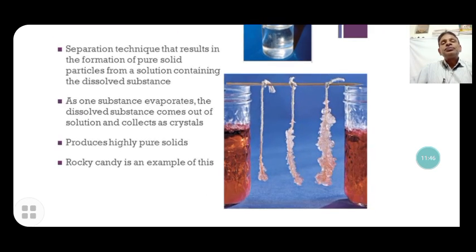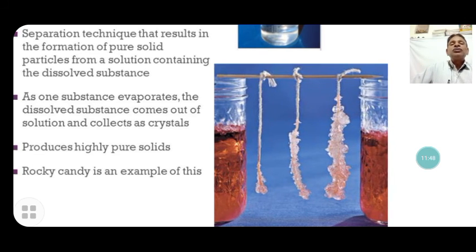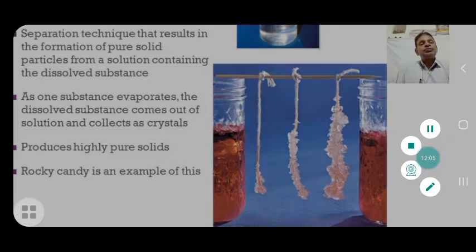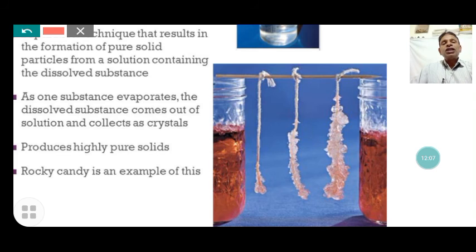Here, as one substance evaporates, the dissolved substances come out of the solution and collect as a crystal, producing a highly pure solid. Rock candy is an example of this process, separated as crystals.